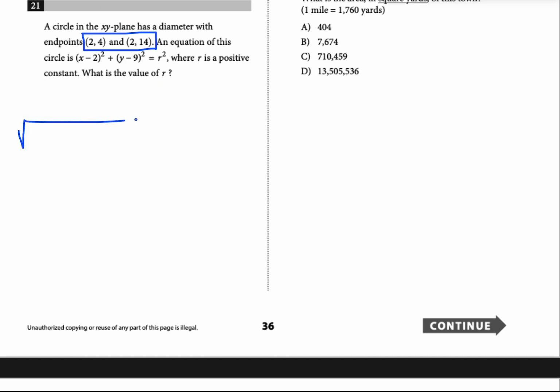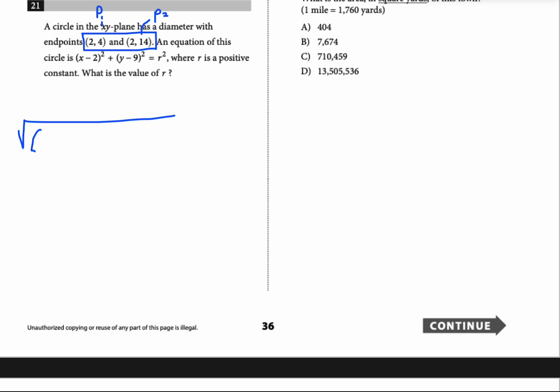So the distance formula goes somewhere along like this. We can label this as P2, meaning point 2, and this as P1, denoting the first point.